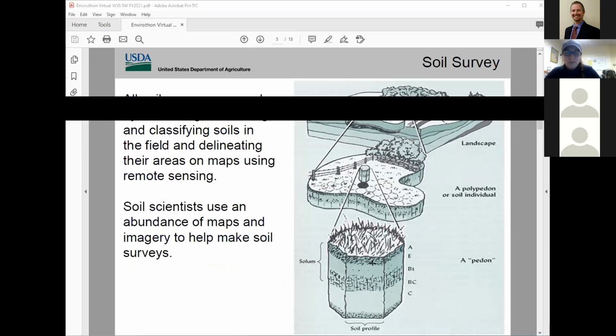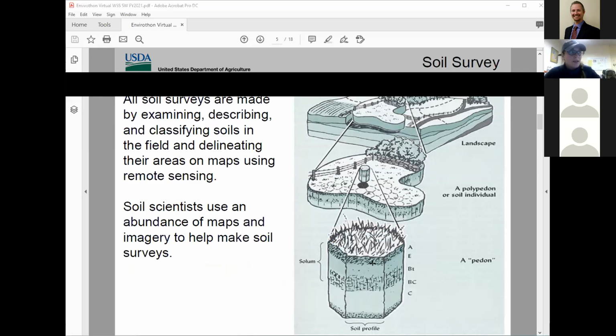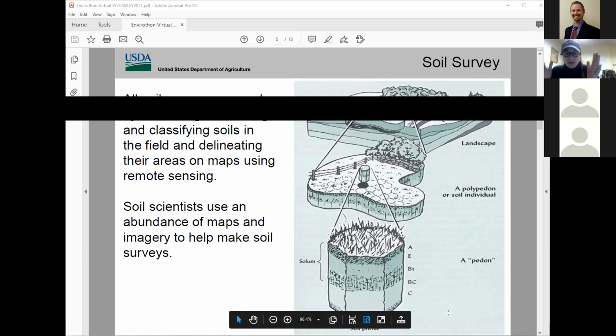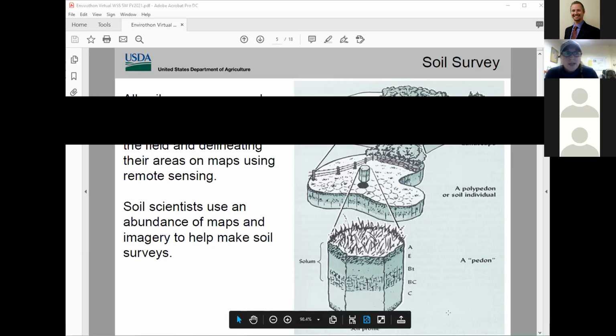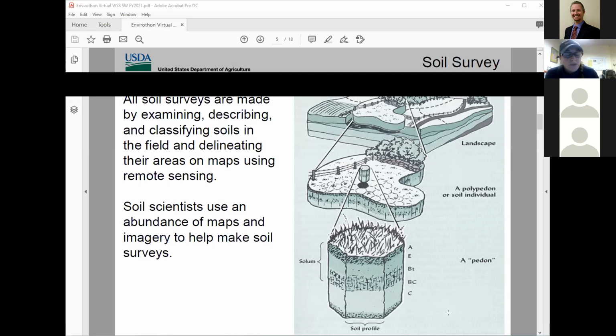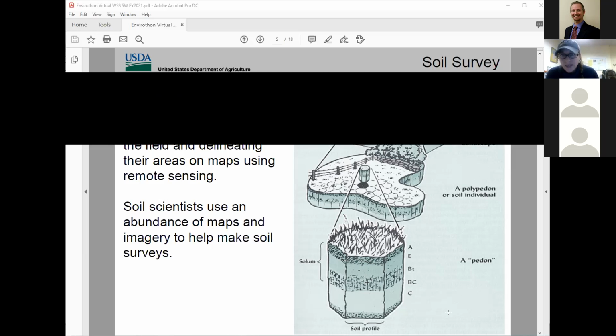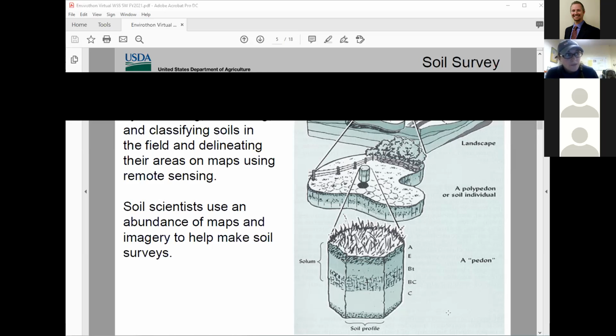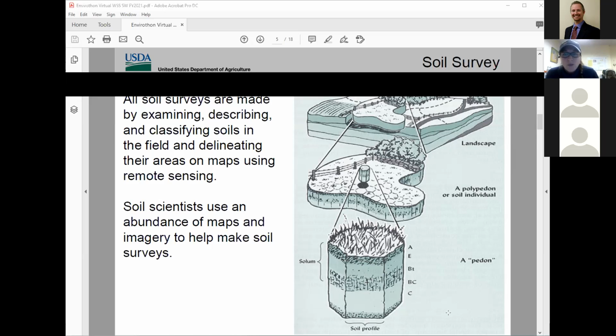When we open up a soil pit, all around me is the pedon. If you look at one side of this cube, that's what we describe as the soil profile. When I dig a pit, I'm going to have four sides, that's my pedon. But when I do my soil profile description, I'm usually looking at one of the sides.